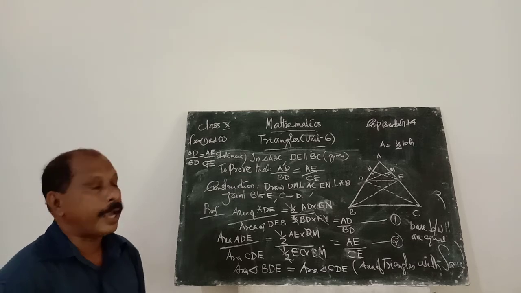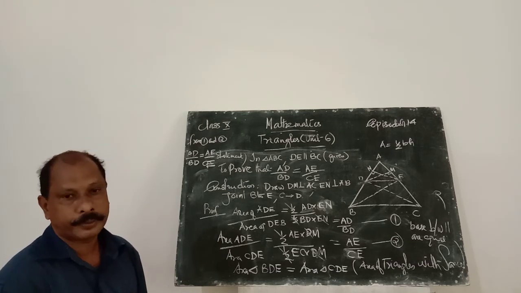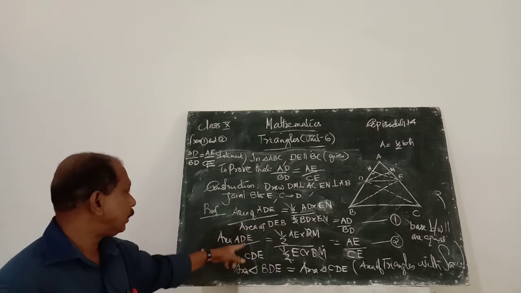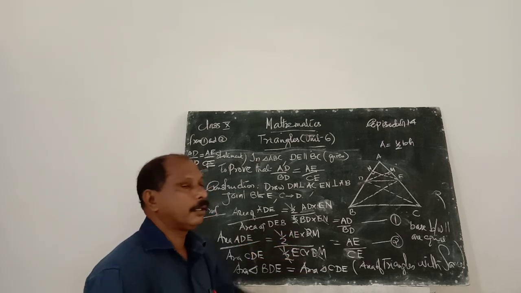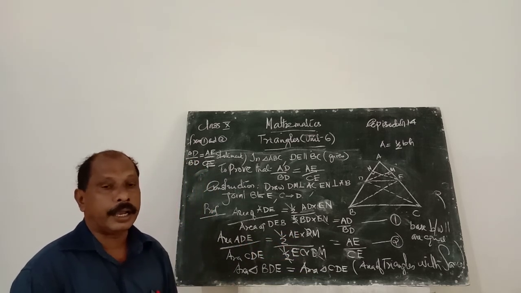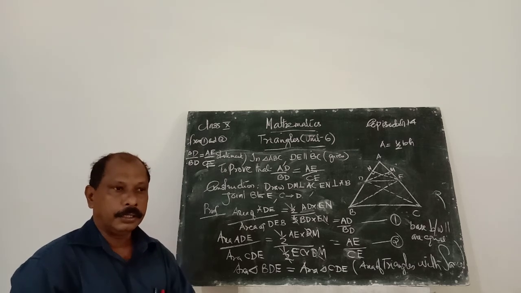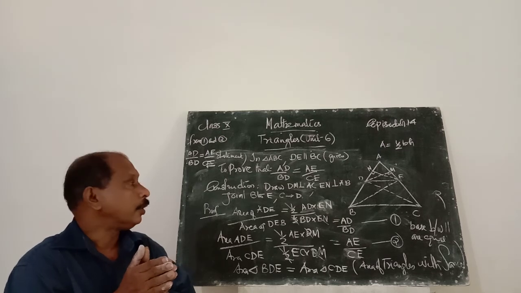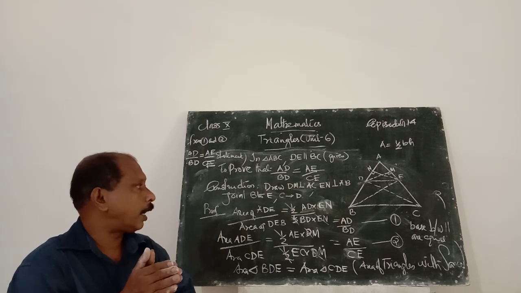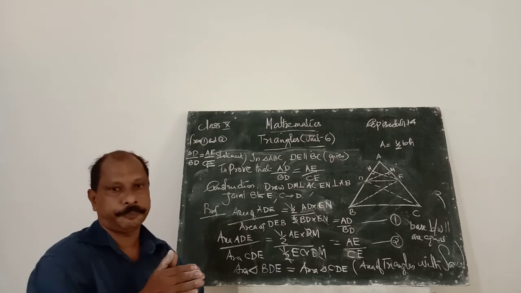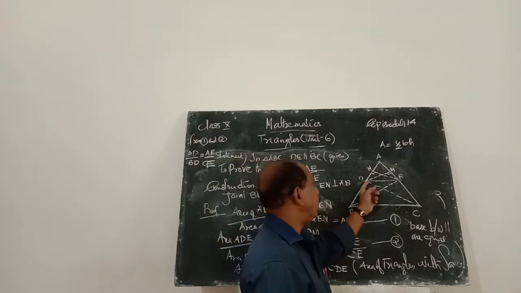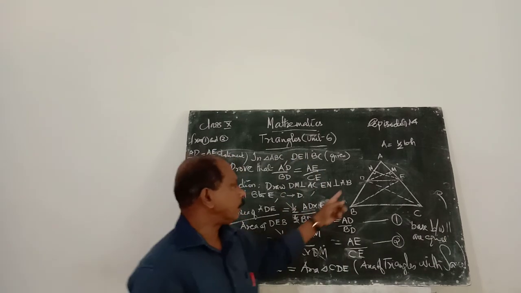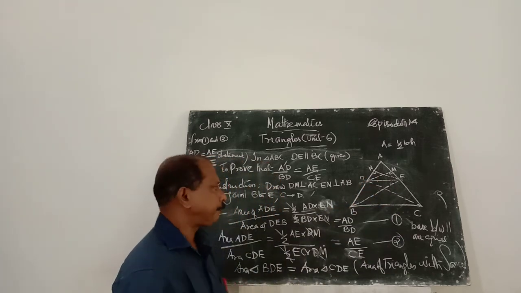Therefore, the proof: area of triangle ADE by area of triangle BDE, the two triangles with the side AB. One triangle, ADE, is an acute triangle, therefore the altitude to that side is inside. But triangle BDE is an obtuse triangle, therefore the altitude is outside that triangle.